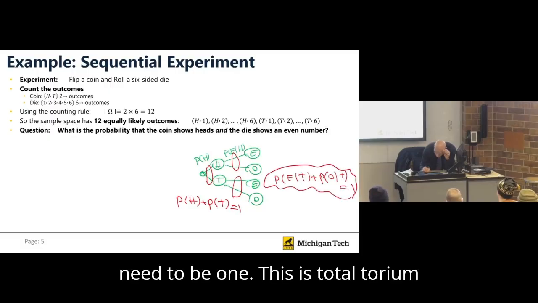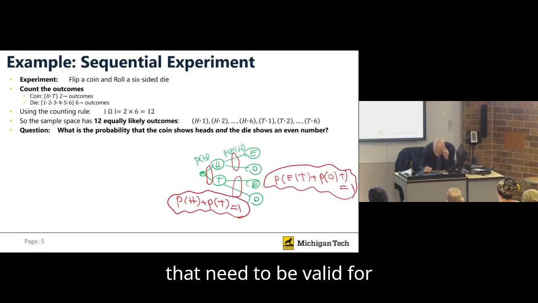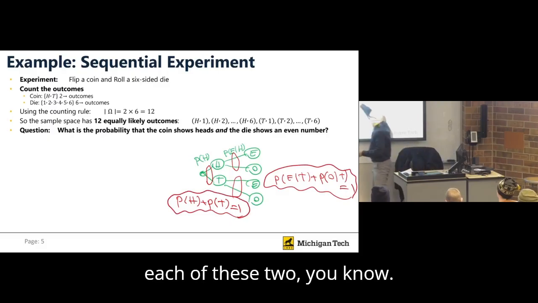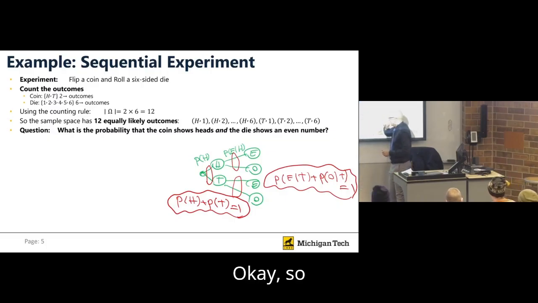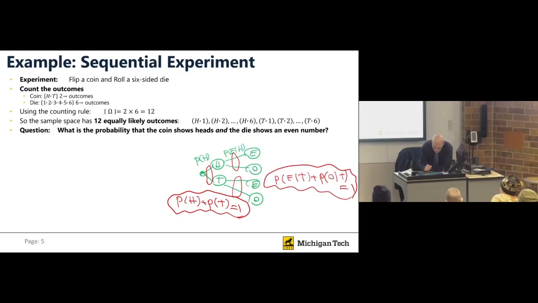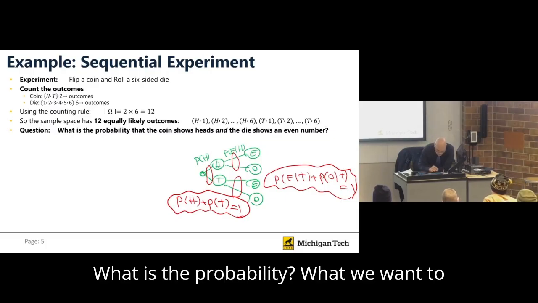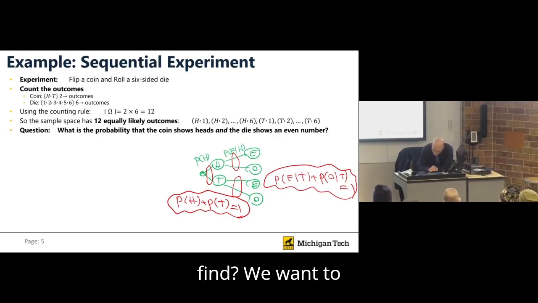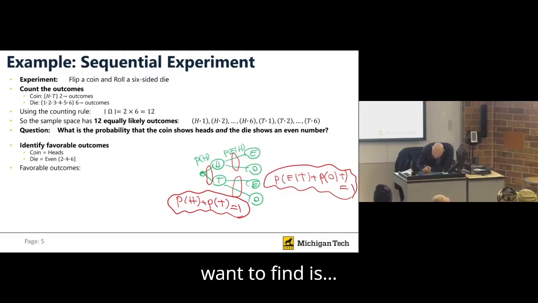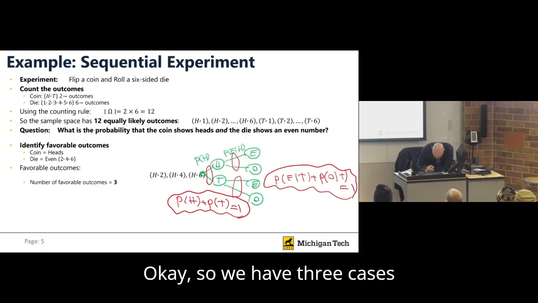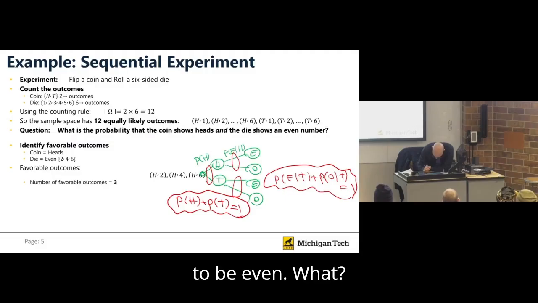This is the total theorem that needs to be valid for each of these two, you know. Okay, so what is the probability? What we want to find? We want to find, okay, so that's the head. So what we want to find is, okay, so we have 3 cases to be even.